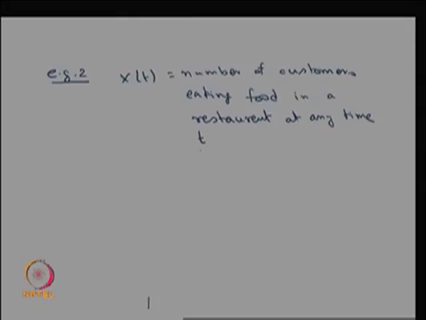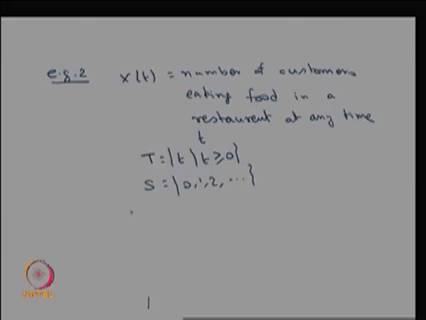Therefore, you are observing the system, you are observing the restaurant, how many customers are taking food. Therefore, the possible values of the parameter space t are t greater than or equal to 0, and the possible values of S, still it is a count. Therefore, the possible values are going to be countably finite or countably infinite.